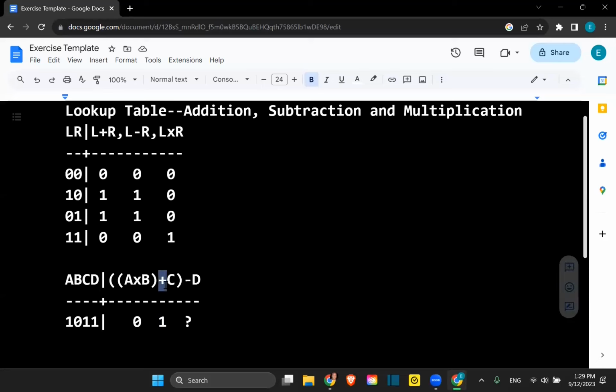Okay, so now on the left of the subtraction, we have what we evaluated last over here. That's the odd. And the D is also odd, given in the interpretation. So we have odd, odd. So we're looking in the odd, odd row, and we're doing subtraction, and that comes out to be even. So our overall answer here is even.